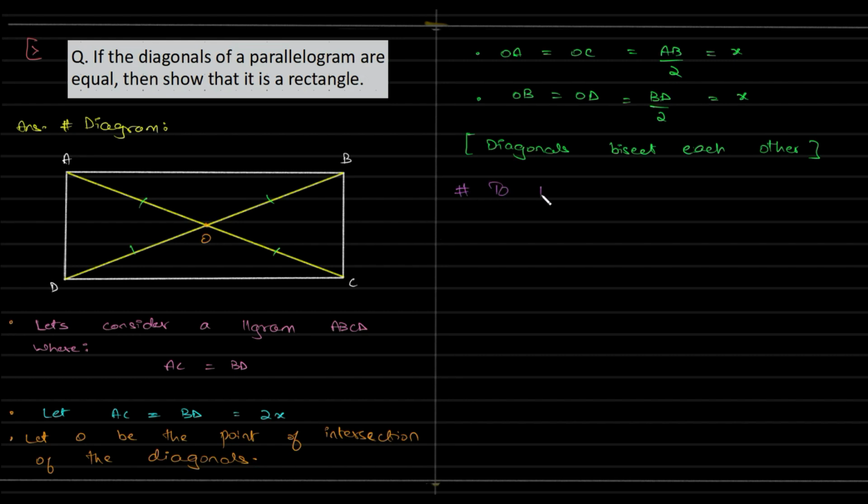Okay, so we need to prove that ABCD is a rectangle. Now, what makes a parallelogram a rectangle? That's the question you need to ask. So first you need to answer that. What makes a parallelogram a rectangle?